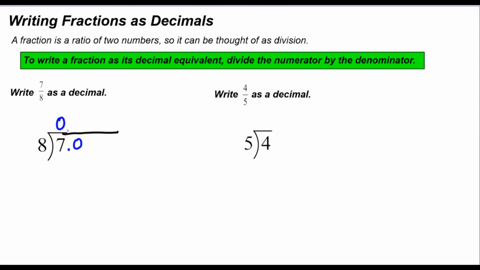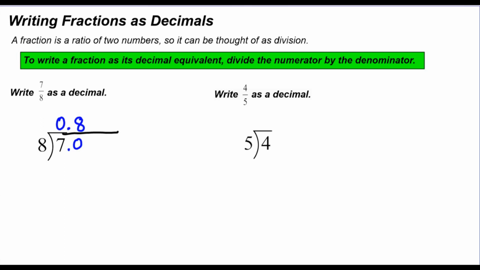So our decimal is going to be less than 1, which makes sense because 7/8 does represent a value that's less than 1. So we're going to think, well, how many 8s would go into 7.0? There's going to be less than 1 of those. So thinking 8 into 70 is kind of what I'm thinking about. And the most it would go would be 8 times, or 8/10 of a time it would go in.